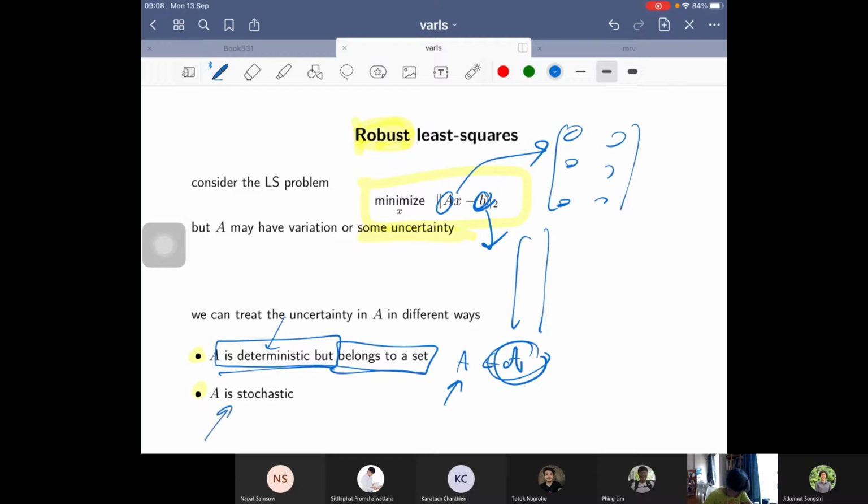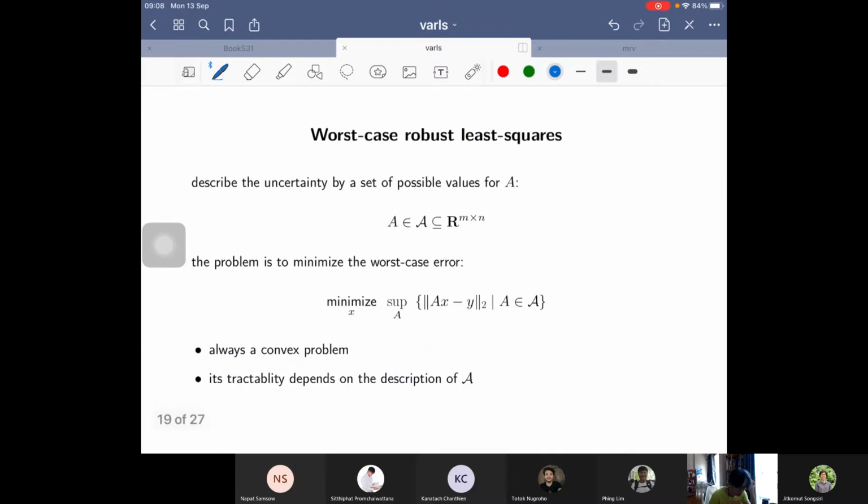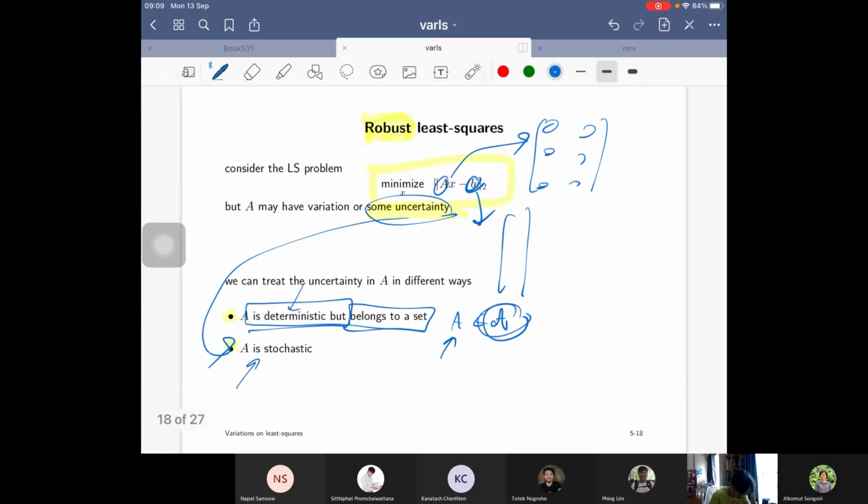In the second case, A is assumed to be random, so you model the uncertainty in A using the concept of a random variable. In this video clip, we will focus on the first direction.